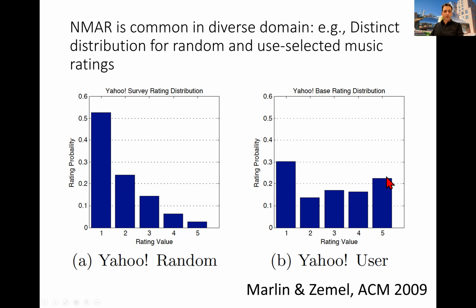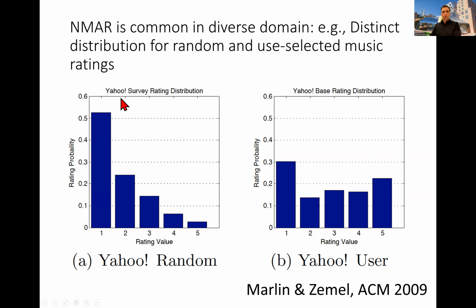Similarly, if you look at ratings on the internet, somebody goes to a restaurant and it's just okay, they're not going to write a review. If it's amazing, they'll write a review. And if it's horrible, they'll write a review. But if it's just good, they probably won't write a review.